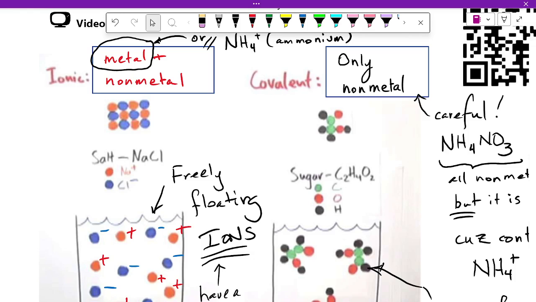Actually, why don't I grab us a... anyone know what this is? Crystal lattice. Okay, this is a crystal lattice. This is how ionic compounds exist. They have alternating positive, negative, positive, negative, positive, negative. Now, this is a 1-to-1 crystal lattice.